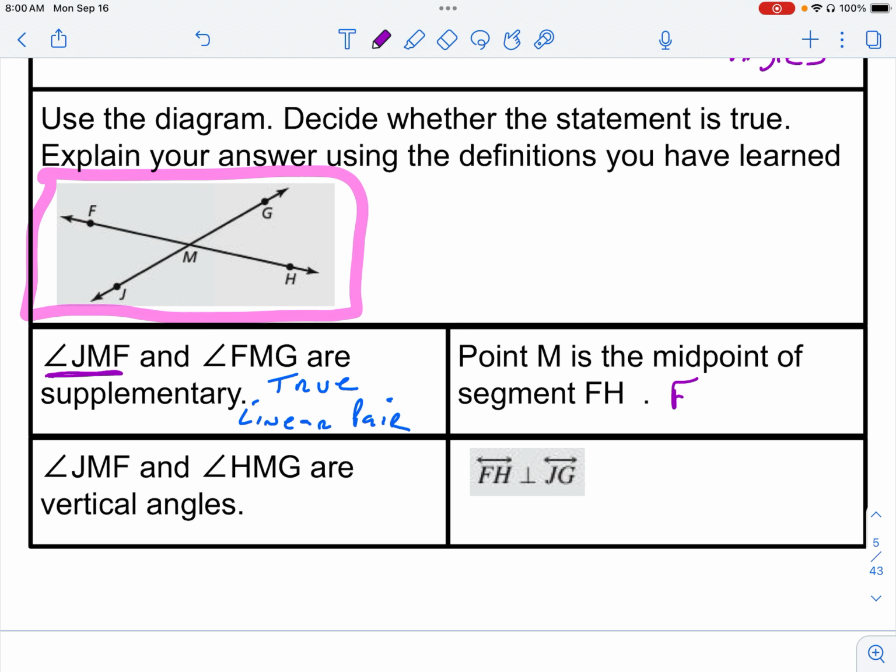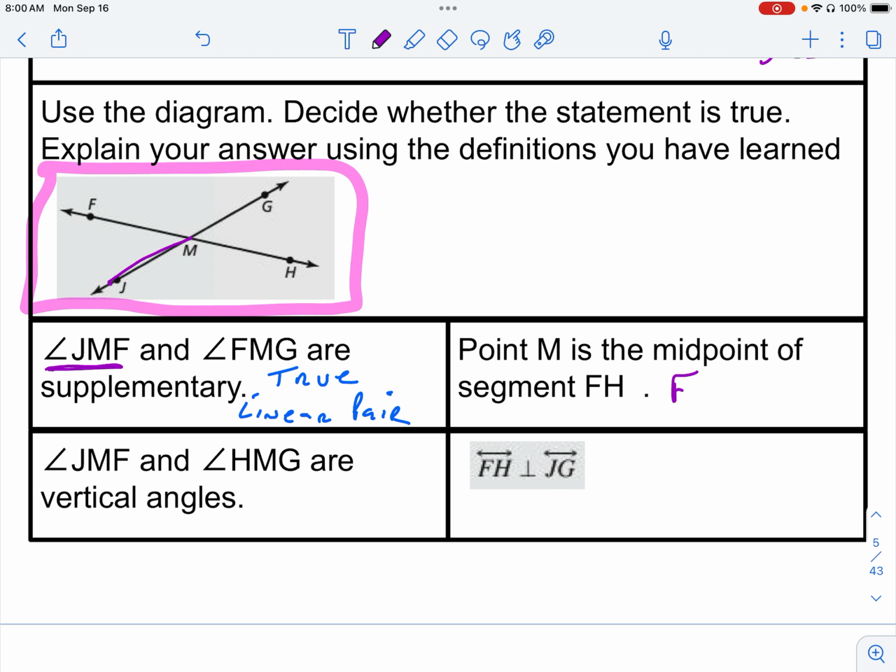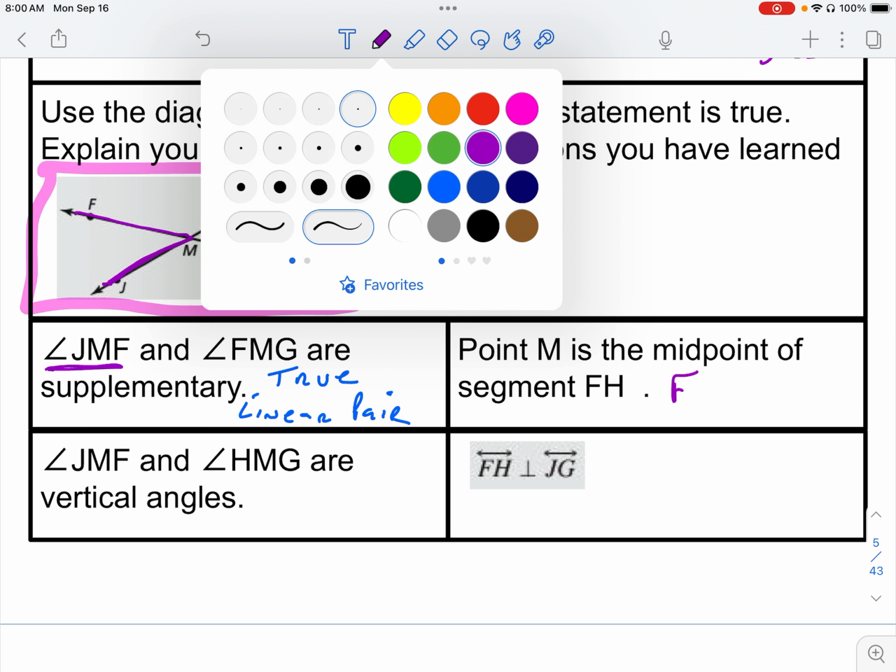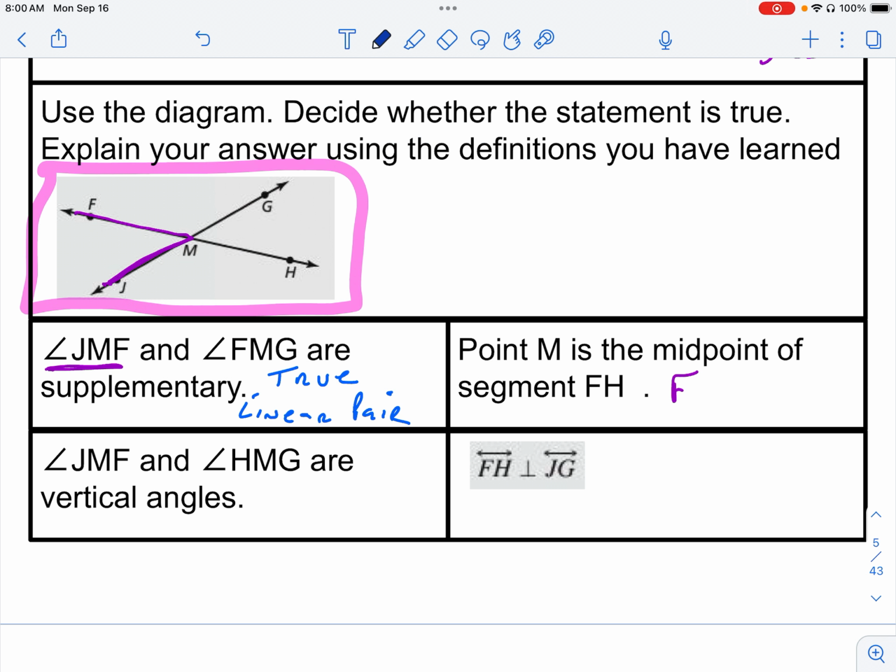All right, back to angles. Angle JMF and angle HMG are vertical angles. That is true.